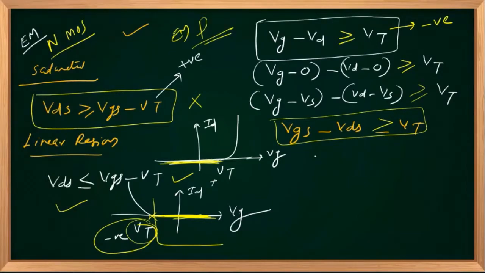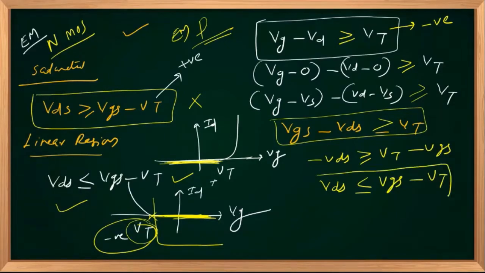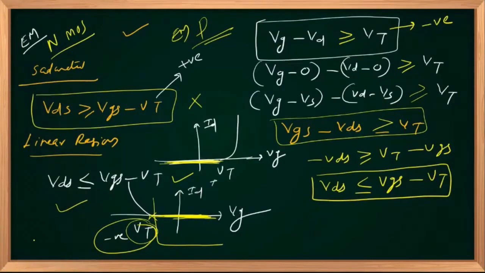Now it is, let me call it, minus VDS greater than or equal to VT minus VGS. As we did earlier, I'm multiplying with a negative. So VDS less than or equal to VGS minus VT, where VT is negative. And that is the condition for a P-channel device. So I will write it here.